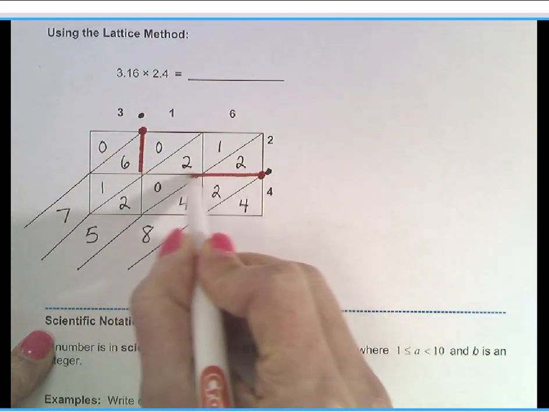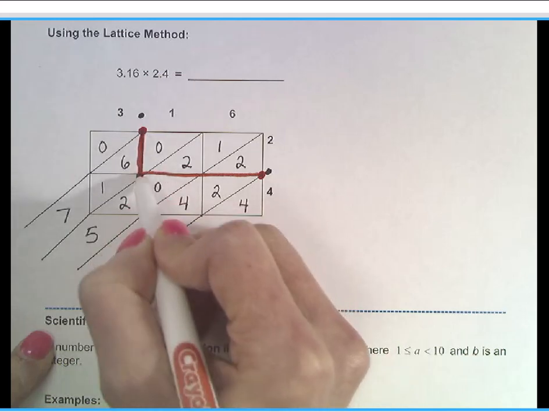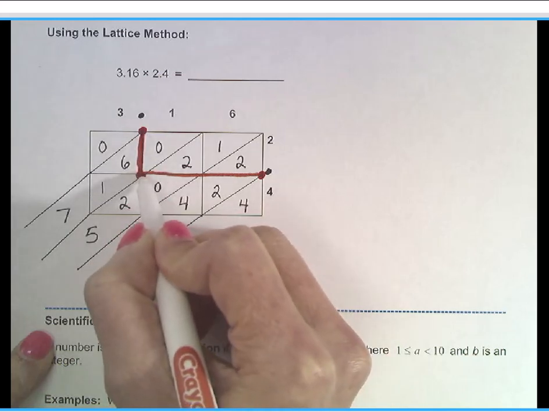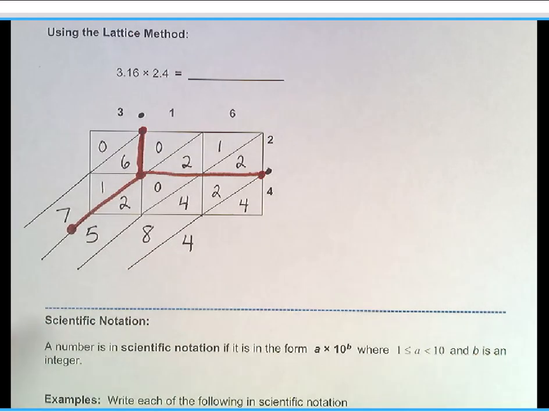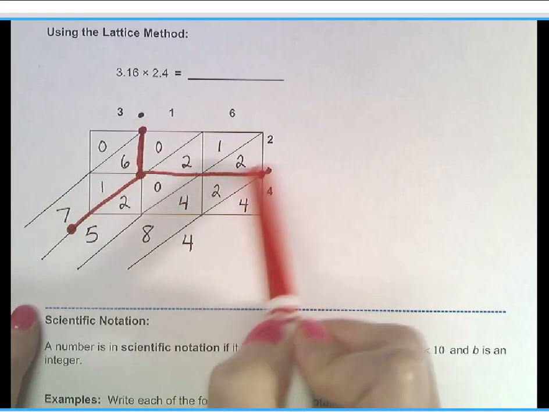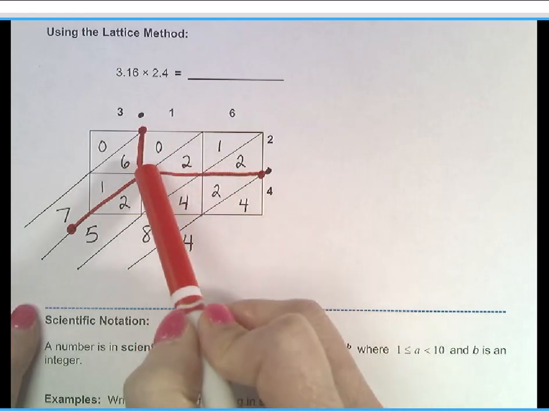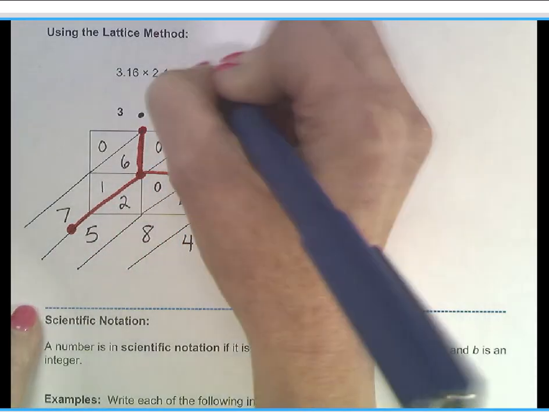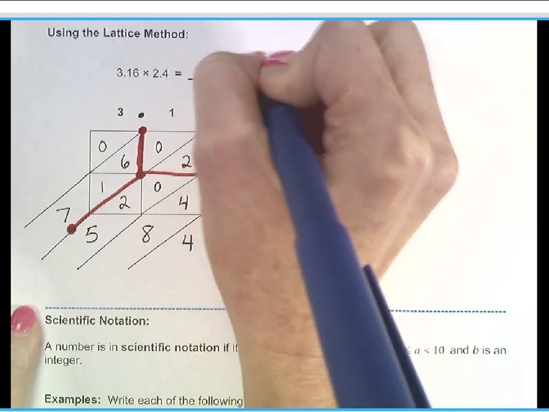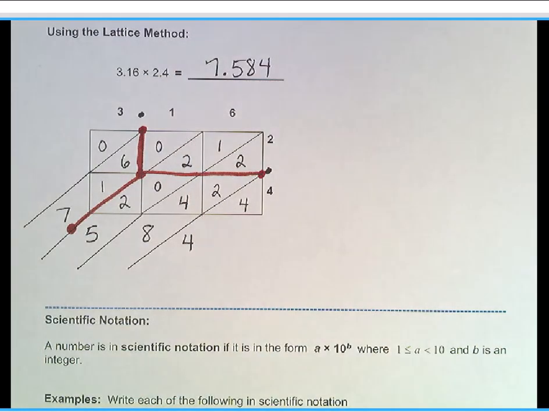This guy's going to run over 2 blocks until the 2 meet up on the playground, and then whee, they go down the slide together and they end up right there. So they walk however many blocks they need to walk to meet up, and then they slide down that diagonal, and it will put the decimal in the right spot, and you get 7.584.